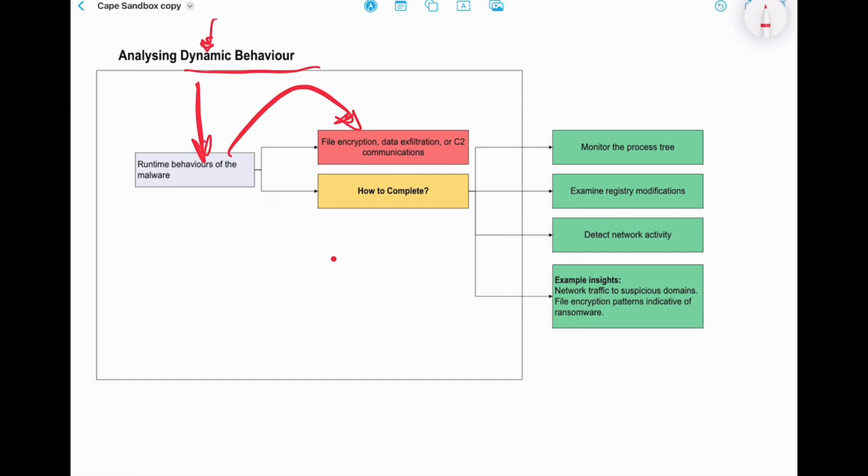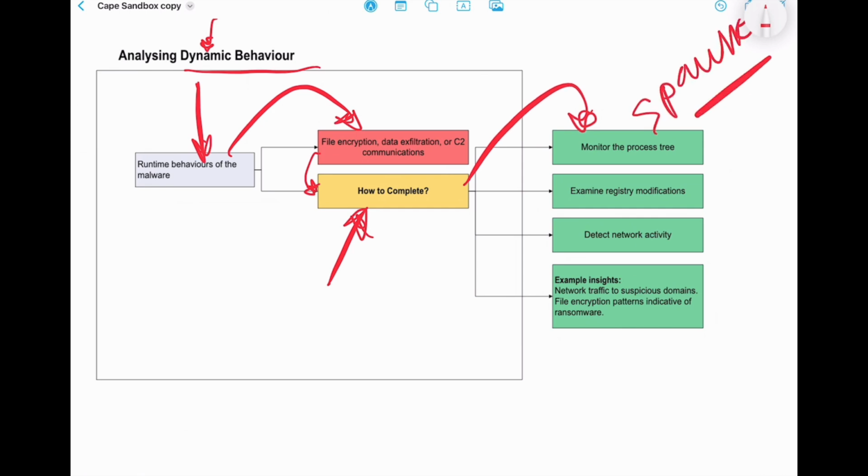Now, more important is how to complete that step. First, you would monitor the process tree to identify spawned processes and injected libraries. Second, you would examine the registry modifications, the file manipulation, and the API calls.